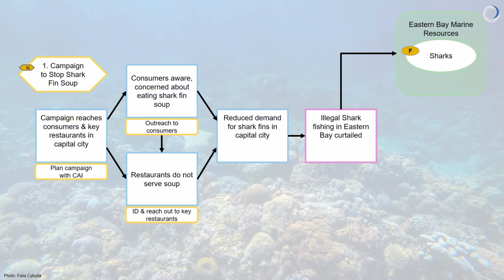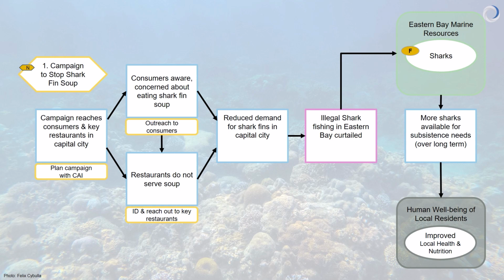The team believes that the consumer concern combined with the restaurant's changing practices would lead to a reduced demand for shark fins in general, which in turn would lead to a decline in illegal shark finning in Eastern Bay. You can see a few yellow activity bubbles that represent some of the main activities the team needs to implement. They also help clarify the logic from one result to the next.